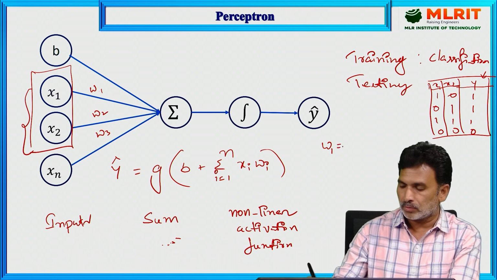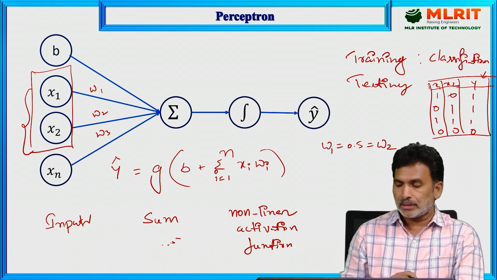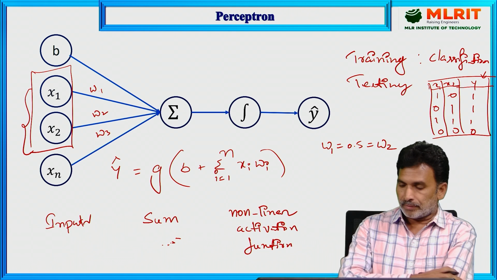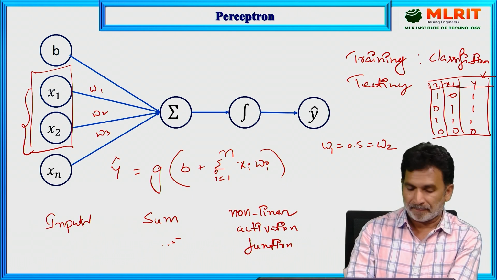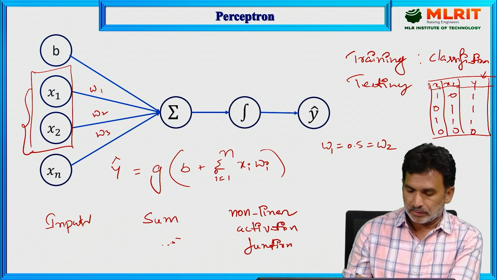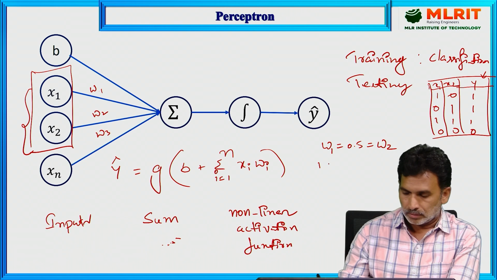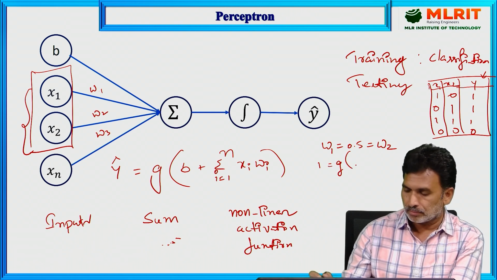Let us take w1 equal to 0.5 and w2 also equal to 0.5. So both w1 and w2 are the same, that is, initially the weights are assigned 0.5, and the bias is 1. Then we substitute the values into y hat.